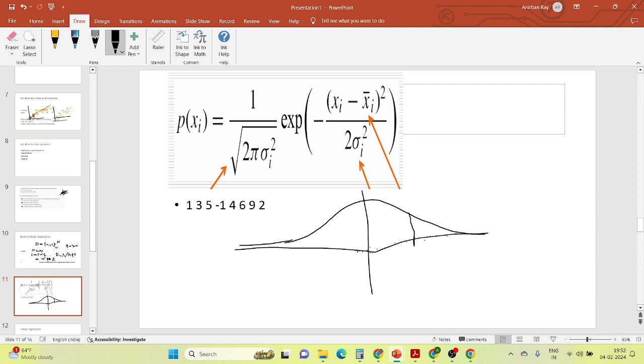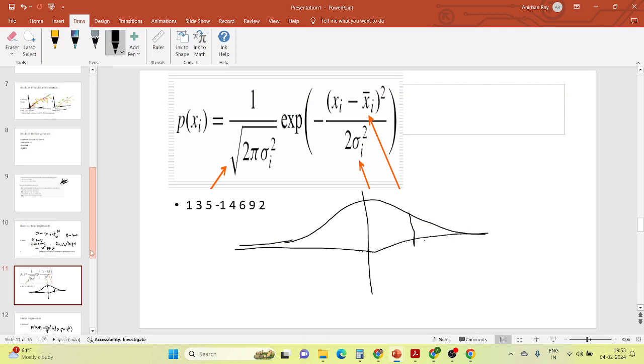The frequency of points is more as they are close to 0. Points close to 0 will have more frequency, and as it becomes more negative or more positive, there are fewer of them. So that is the idea behind this distribution.